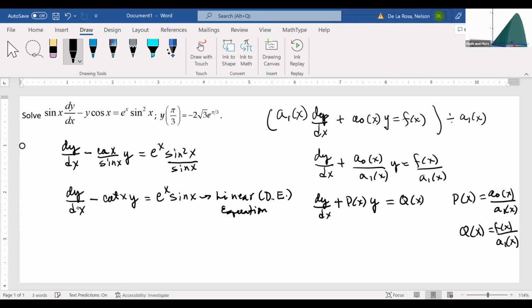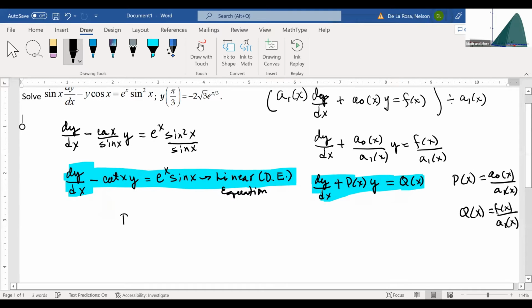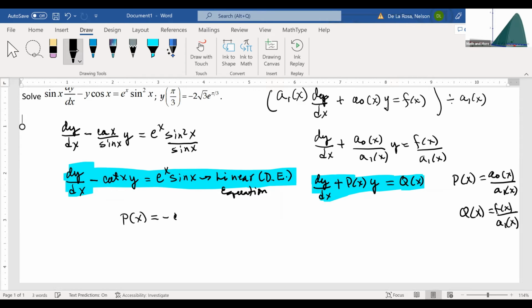So this form is the same as the general form. We can identify that p of x is negative cotangent of x, and q of x is e to the x sine of x.